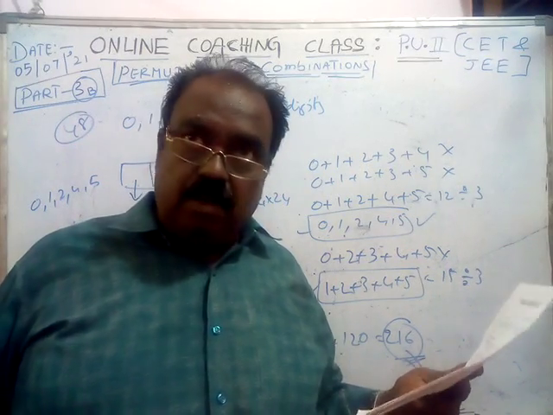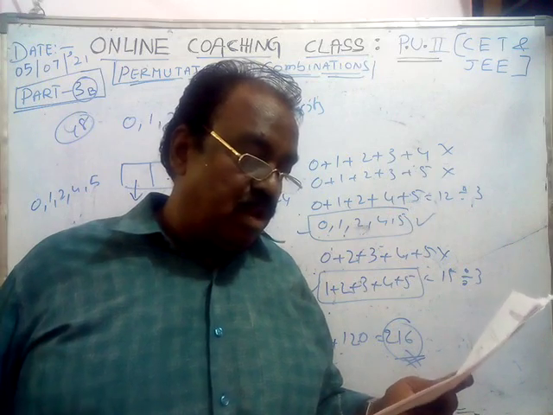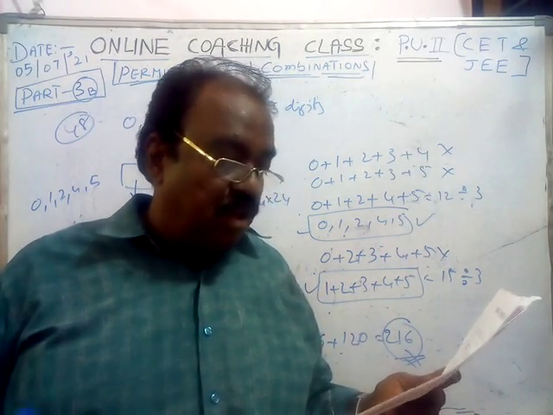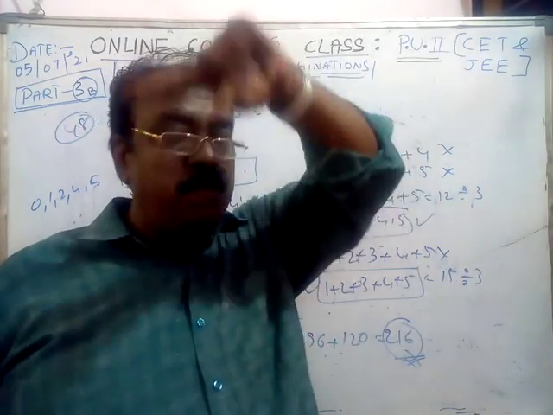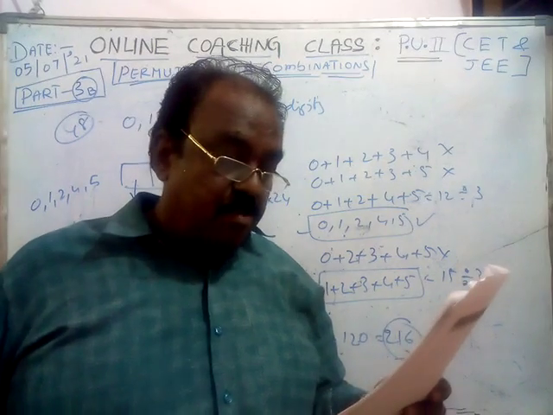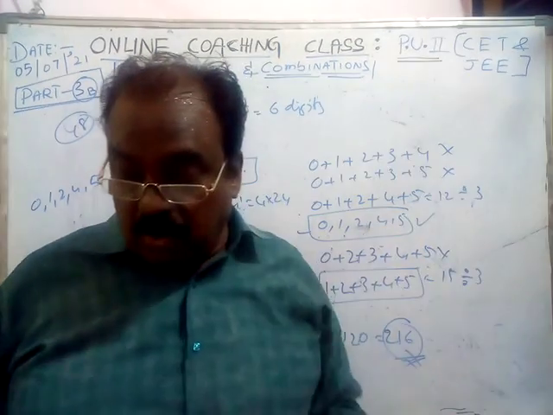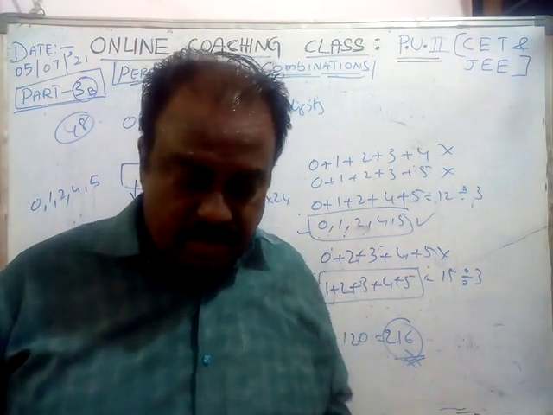In a room, 10 bulbs are there. Each one of them can be switched independently. There are 10 switches and 10 bulbs. Find the number of ways in which the hall can be illuminated. Illuminated means can be lighted.